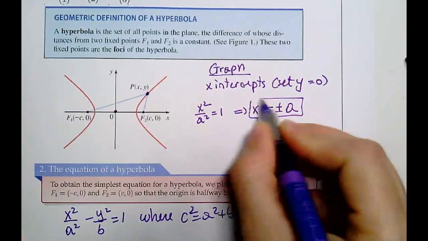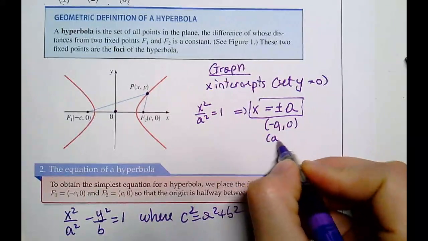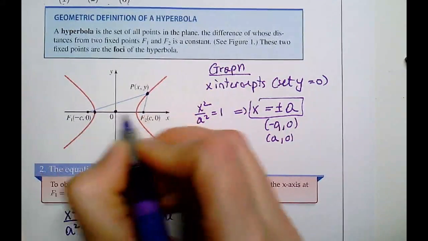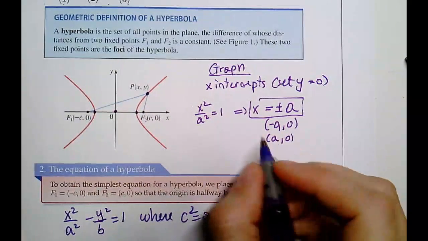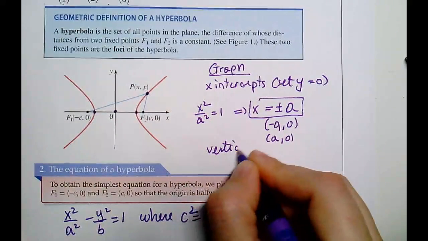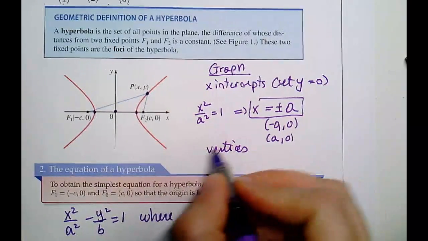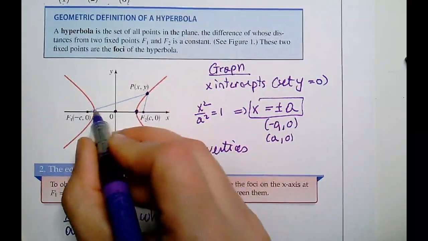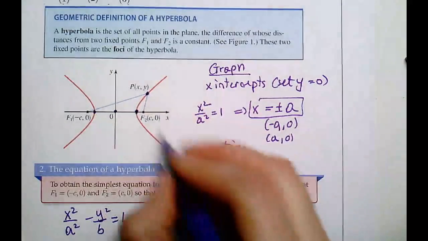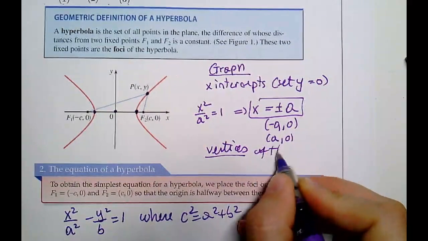So these are the x-intercepts. It happens at negative a, 0 and positive a, 0. And these are actually called the vertices. So the x-intercepts are the vertices of the hyperbola.